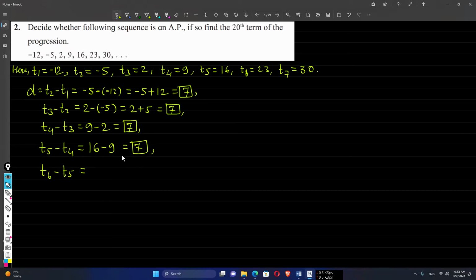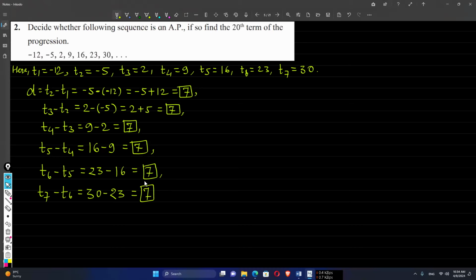So the value of t6 is 23 minus t5 is 16, which again gives us the value 7. And lastly, t7 minus t6. So the value of t7 is 30 minus t6 equals 23, which will give us the number 7.